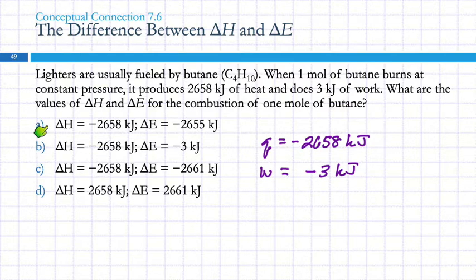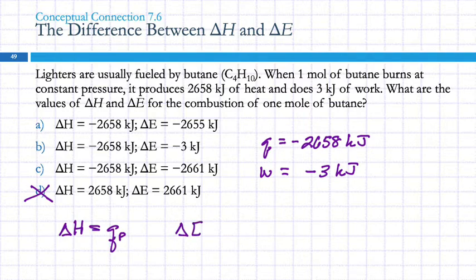So delta H is going to be equal to Q, right? So it's negative 2658, and the first 3 are all negative 2658, and this one's wrong because it's positive. So we can eliminate that one. Because delta H is equal to Q at constant pressure.